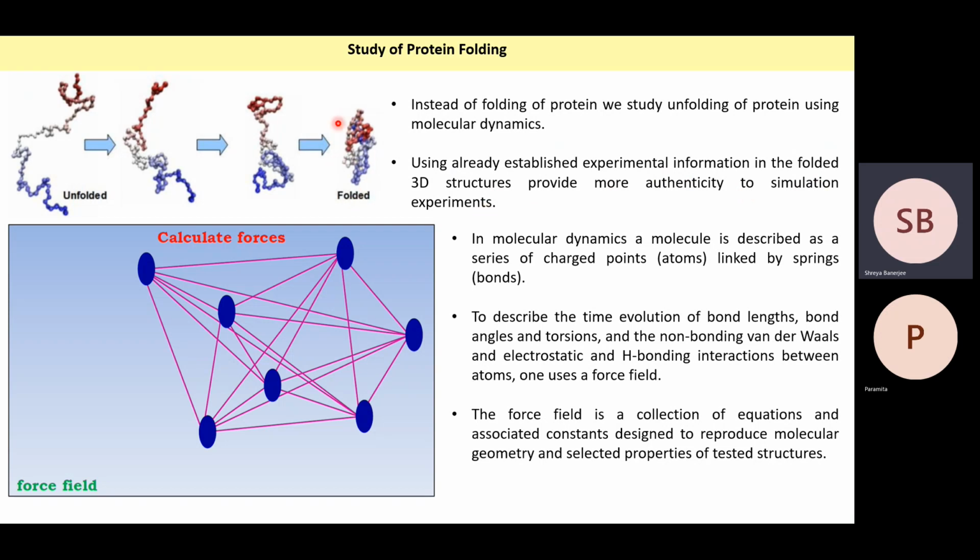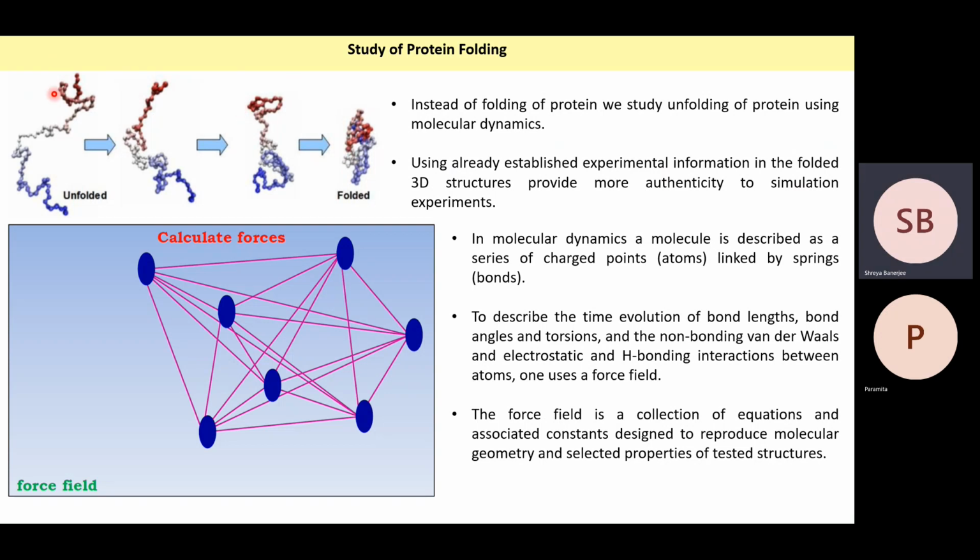If you want to study unfolding of a protein, you have to start from the folded structure. And the initial model that you will build is based on the experimental structure observed from NMR crystallography or cryo-electron microscope. So you have a very good initial model for the folded structure, and it is easy to go from that to the unfolded structure using computer simulations.